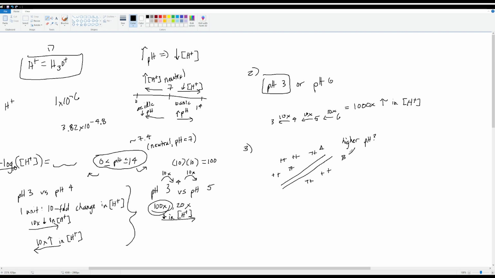Correct answer is B, right? Because higher pH means lower H plus concentration. Okay, and so this had asked, which side has the higher H plus concentration? It would be side A.